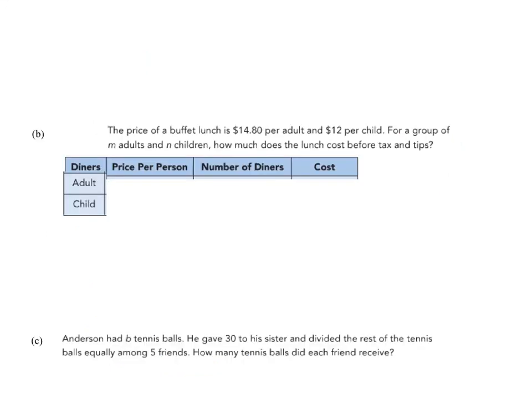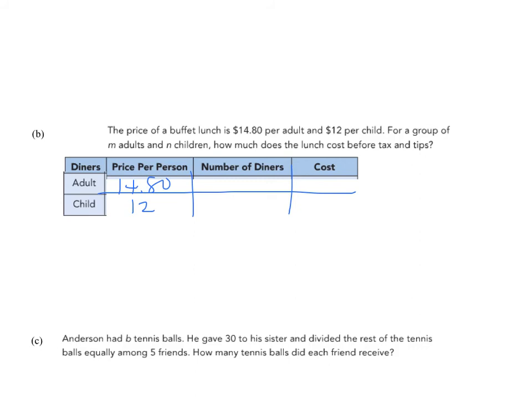Okay, next one, the price of a lunch buffet. The price of a lunch buffet is $14.80 per adult. So the price per person is $14.80 for an adult, and the price per child is $12. So I'm going to put $12 in here. We're just filling in the table.